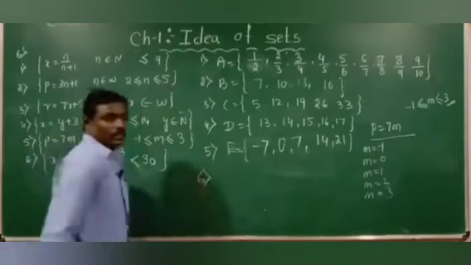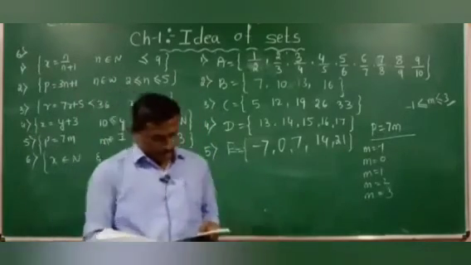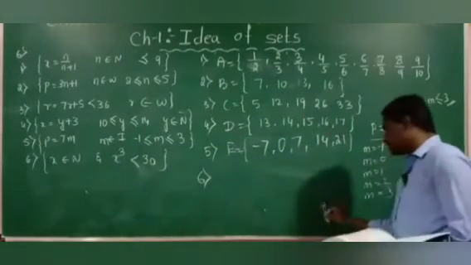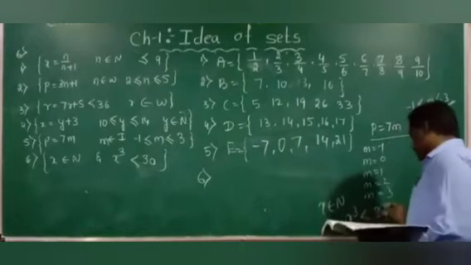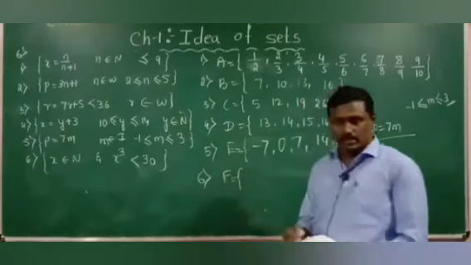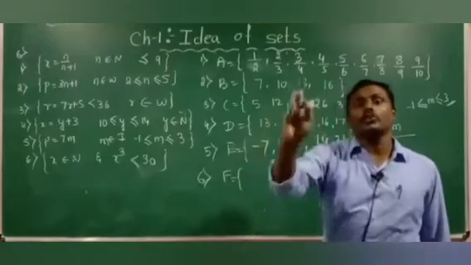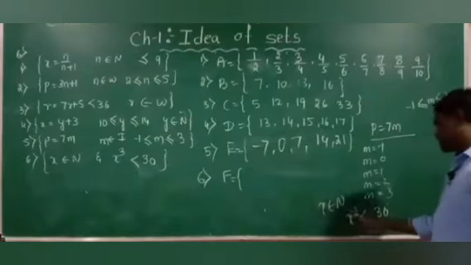Next, the sixth one. X belongs to natural numbers where x cube is less than 30. Here, the sixth question I am considering as set F. You need to write the perfect cube values which are less than 30.